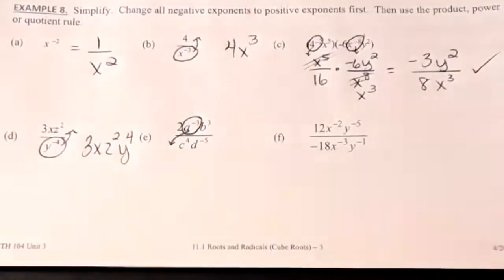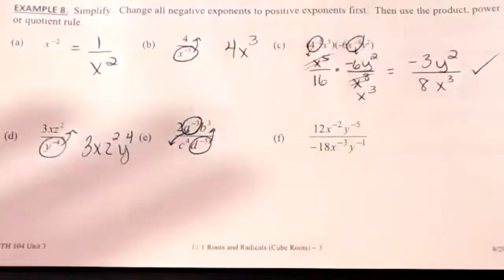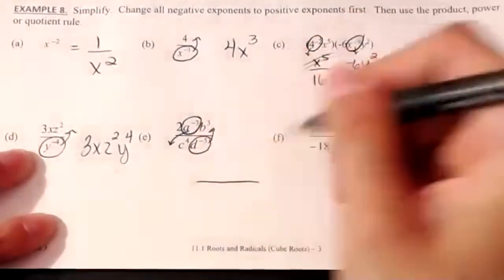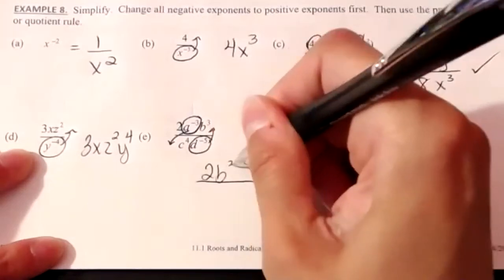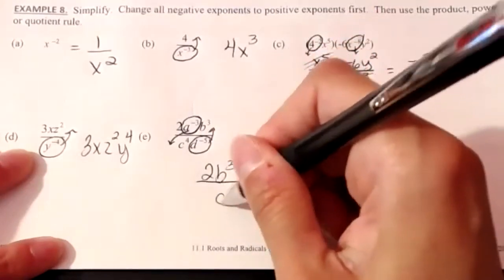And what else is going to move? The D to the -5 will go up. Yes, perfect. So now just tell me what's left. So what's in my numerator? 2B to the 3rd. And the denominator is C to the 4th. Good.